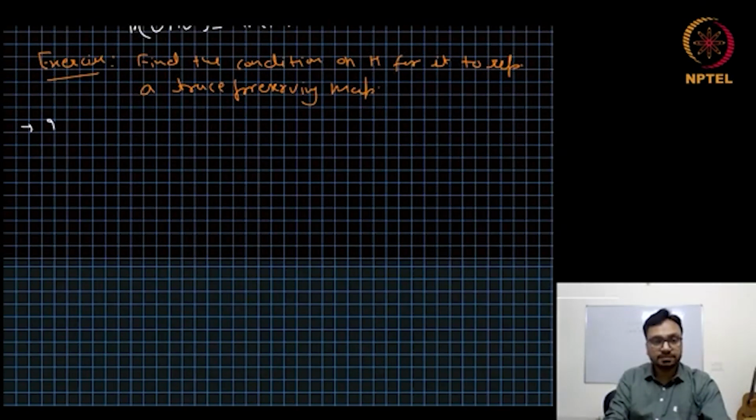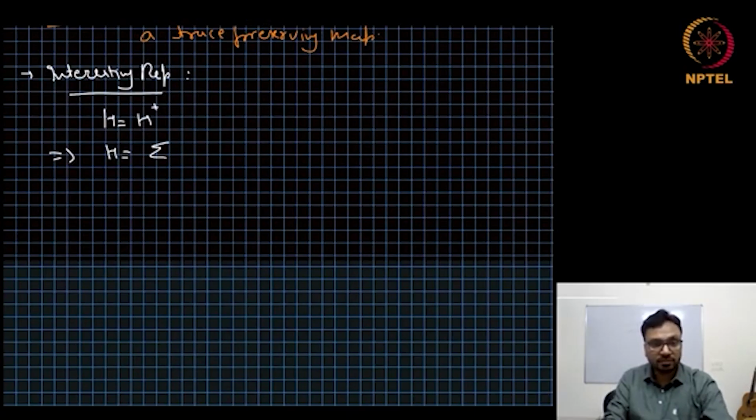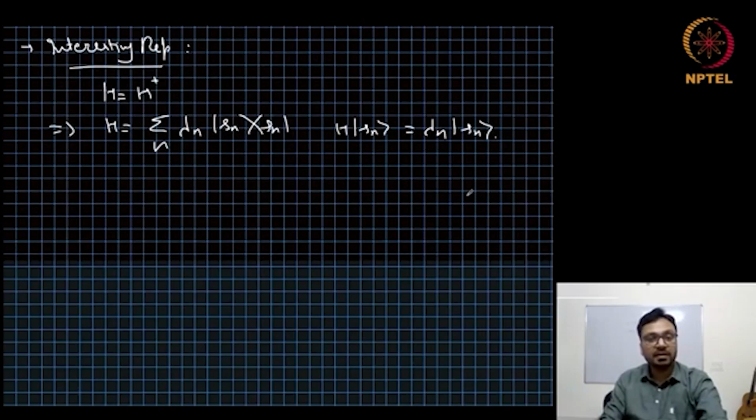An interesting property or representation for a Hermitian map: H is Hermitian. It means we can write a spectral decomposition for it, sum over n lambda n, outer product of Sn with itself, where Sn are the eigenvectors and lambda n are the eigenvalues.